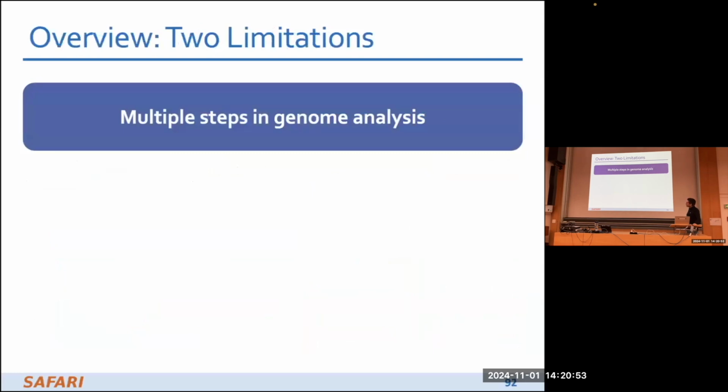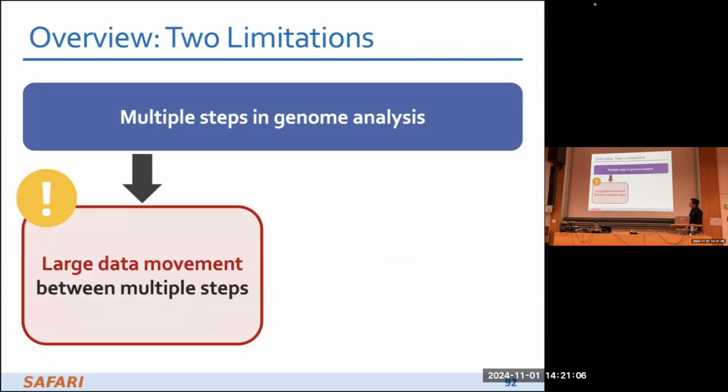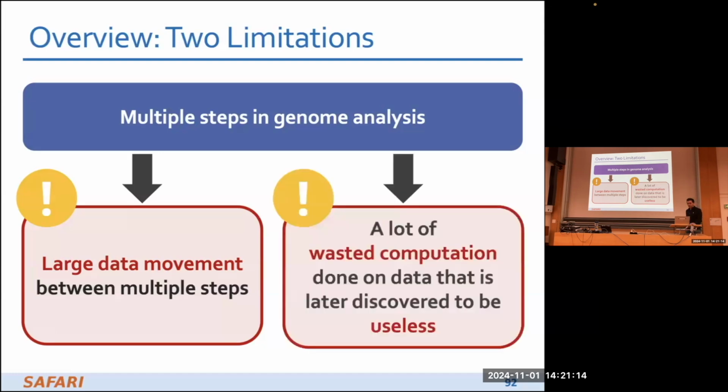So what I'm trying to show is there are two main limitations in these approaches. One, this is not necessarily a limitation. As we know, there are multiple steps in genome analysis. But what we see is that there's a large data movement between multiple steps, right? Starting from the raw data generation up until the step that we get our answers.